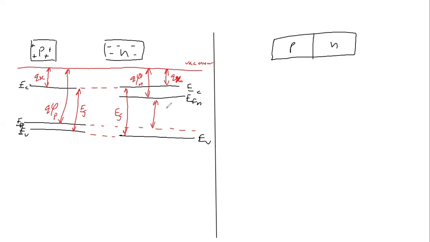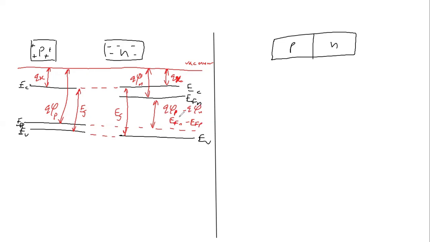So that this will be Q phi of P minus Q phi of N. And this will give us the same as the difference between the energy band gaps, Fn minus, okay.